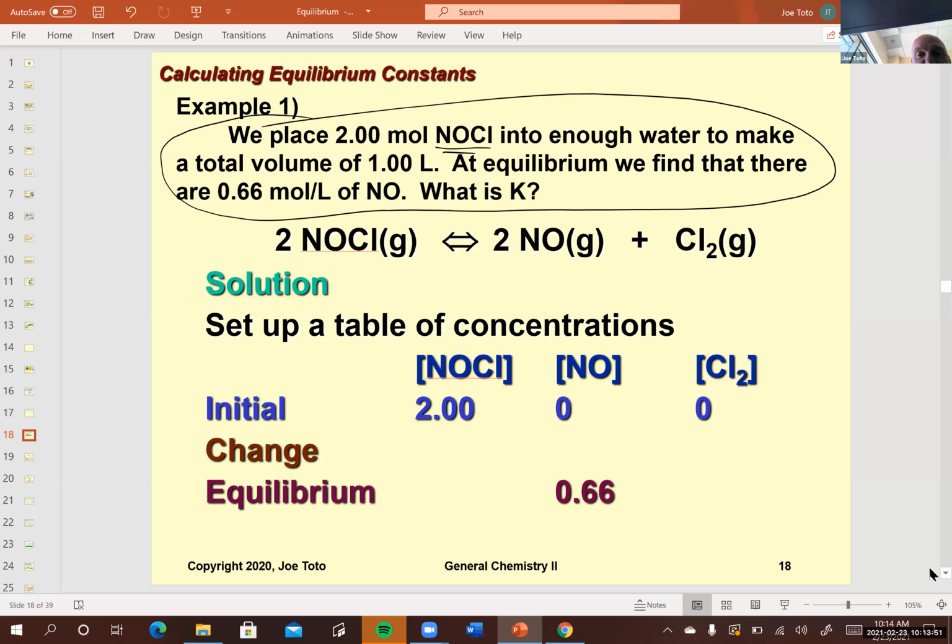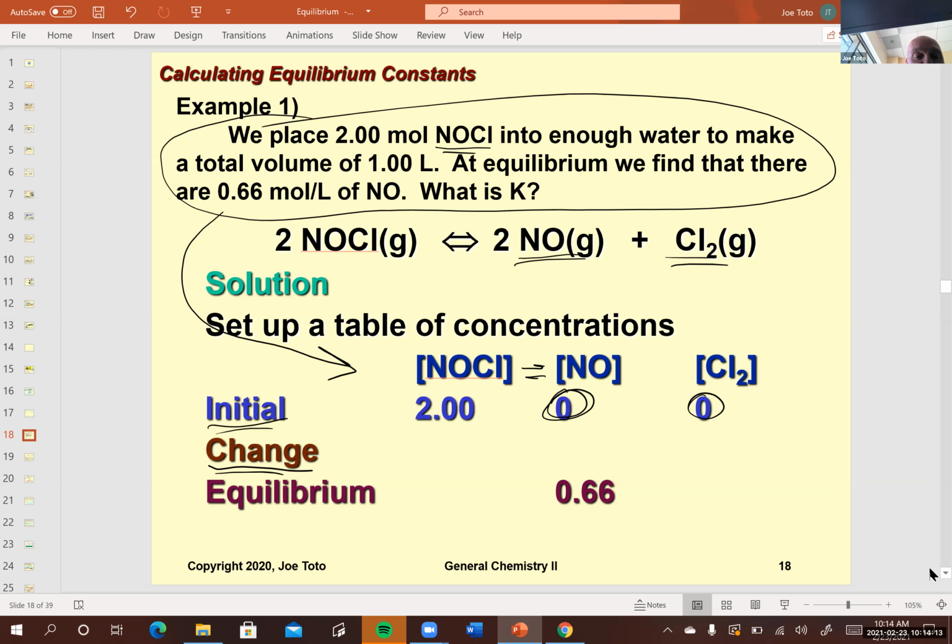Since they didn't say anything about the products, we assume that there's zero initially. So we write this ICE table to organize the data that's given to us in the problem.